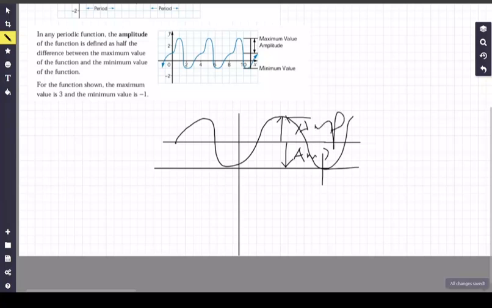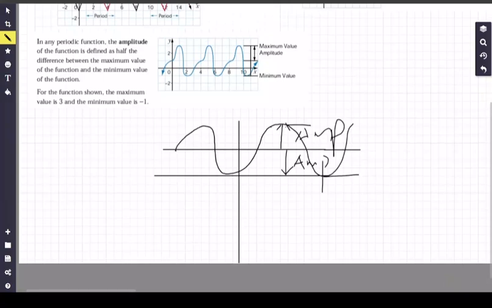For the function above, we have -1 as the lowest value and 3 as the highest value. So our axis is right here at 1. To find our axis, we take the highest number plus the lowest number: 3 plus -1 gives you 2.